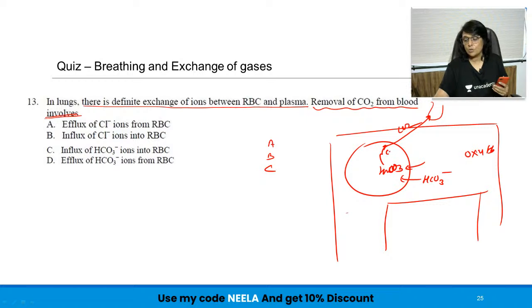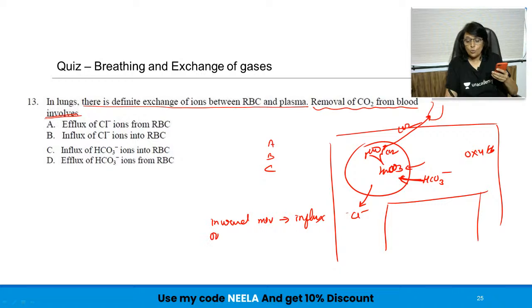It dissociates into CO2, H2O. And to balance out the number of negatively charged ions moving in, there is outward movement of chloride ions. Inward movement is called influx. Flux is the movement and outward movement is called efflux. Okay, so here there is efflux of chloride ions from RBC. Yes, the negative chloride shift. Suchitra, you're right.